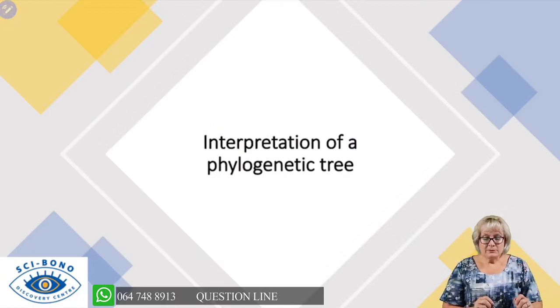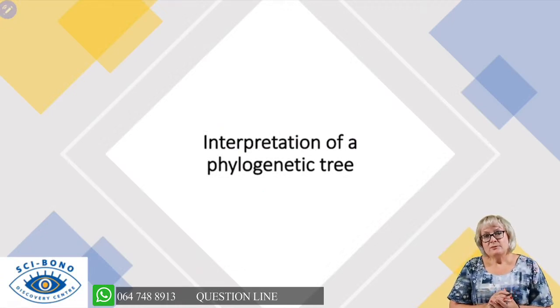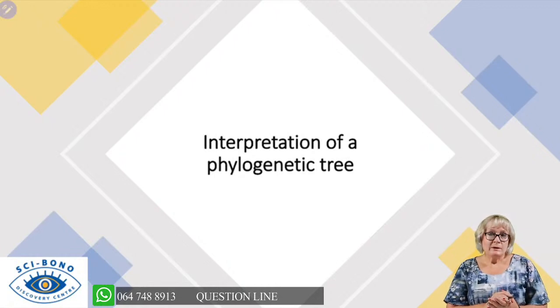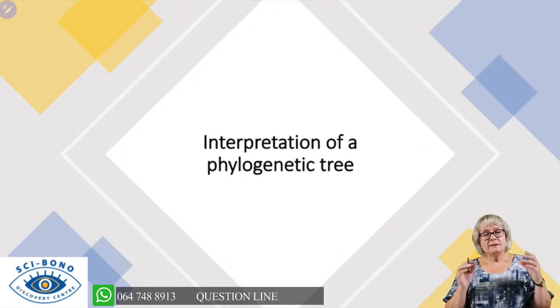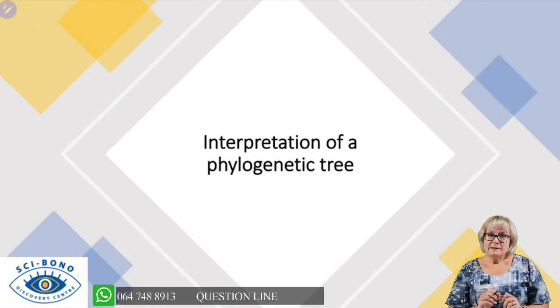And with that, we have come to the end of the first 2 sections that we have to discuss today. We're going to take a short break now of 5 minutes. Don't run away. Just get up, stretch your legs a bit, and in 5 minutes' time, we're going to start with the interpretation of a phylogenetic tree.